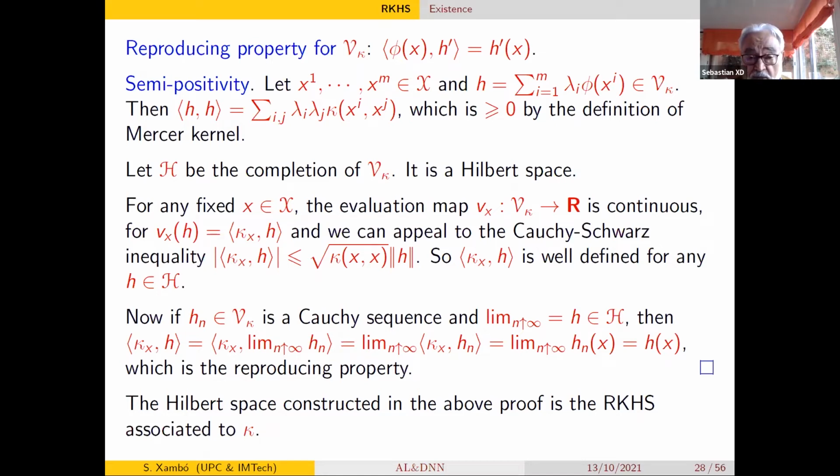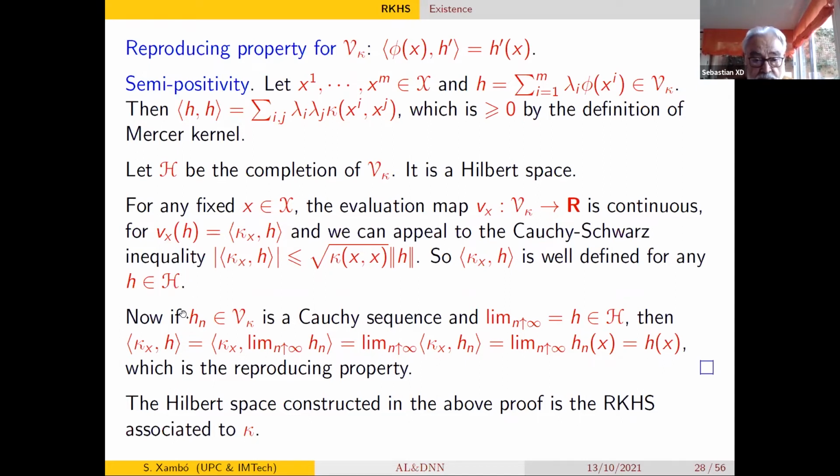How do you do that? Well, in general, it is the same philosophy. For any x in curly X, the evaluation map of V_kappa into R is continuous. We already saw that. You can appeal, as you could have appealed before, to the Cauchy-Schwarz inequality. So kappa_x of h is well defined, by taking limits, for any h in the completion.